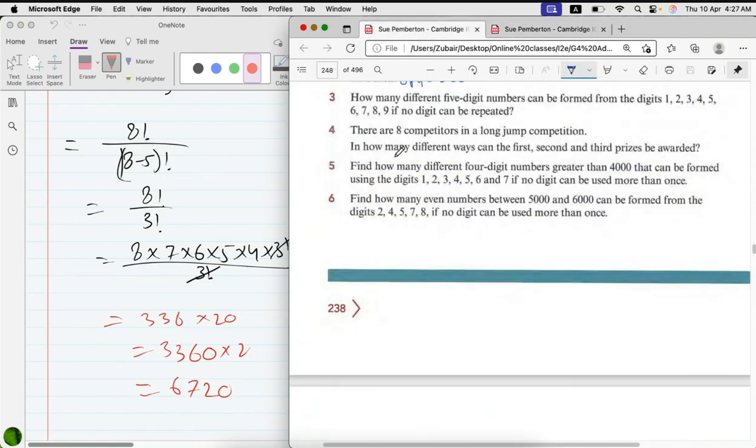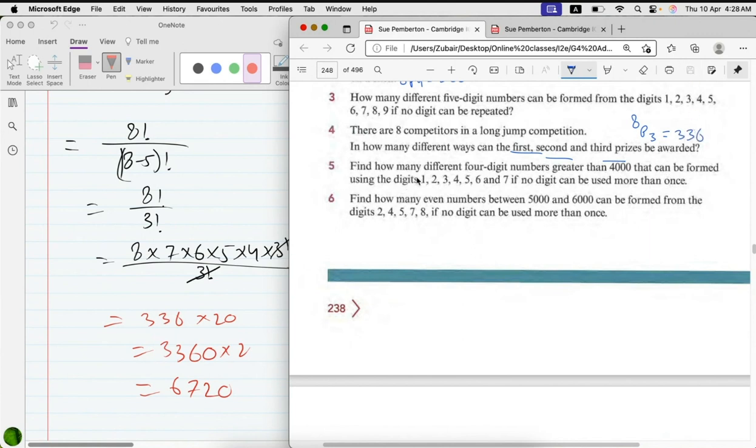Okay, number 4 says there are 8 competitors in a long jump. How many different ways can the first, second, and third prize be awarded? So we are selecting 1, 2, and 3 out of 8. So 8P3. 8P3 is 336.